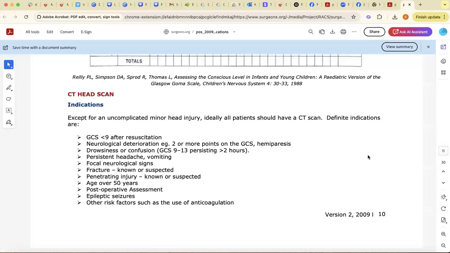But you need to do a CT scan, even to talk to a neurosurgeon about the problem, if you have the availability. CT scan will give us an idea that this patient definitely will be bleeding inside the brain, right? So subdural, epidural hematoma, those kinds of things will be there.